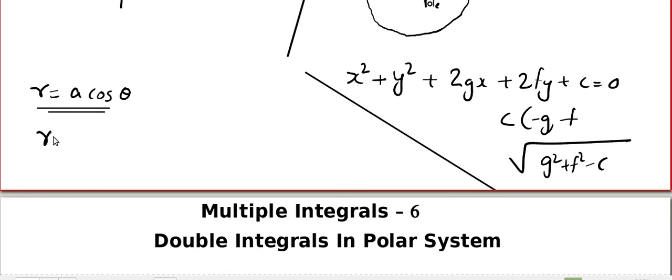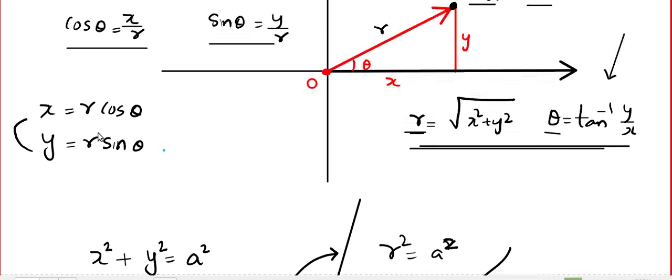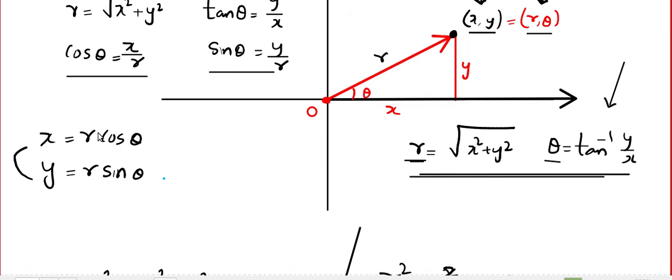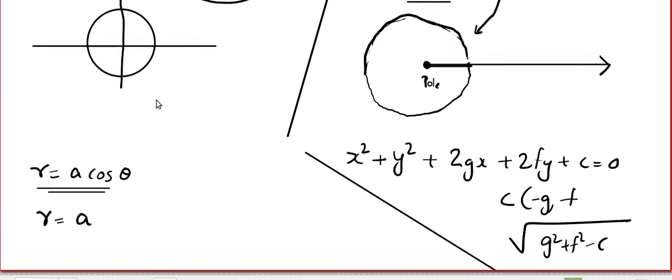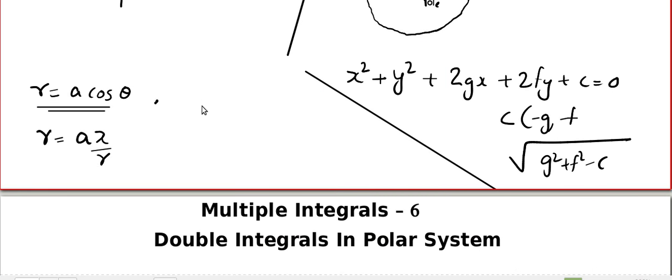Now look at this, r equal to a cos theta. I am going to transform this, so I am going to find the value of cos theta because we learned the transformation. What is cos theta? x by r. Now cross multiply, we get r square is equal to ax. That is x square plus y square equal to ax.